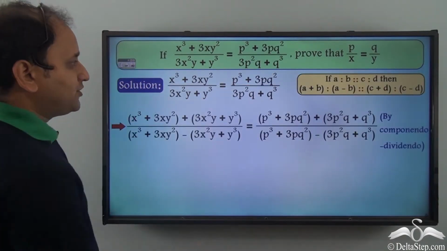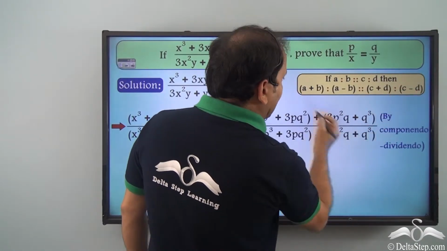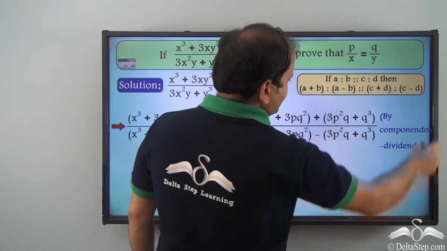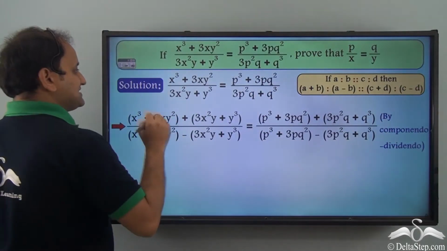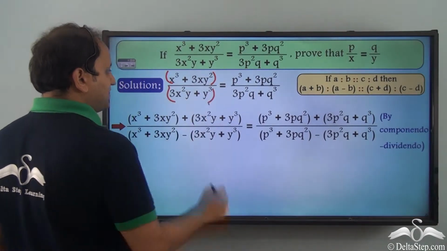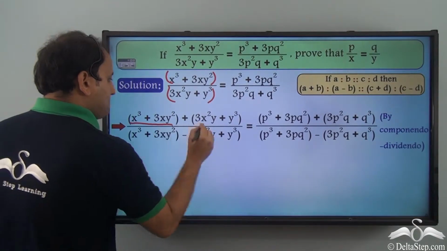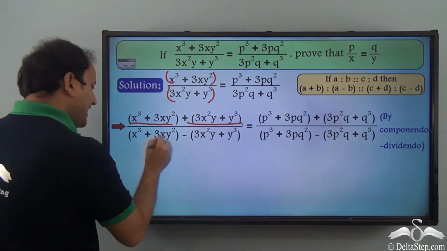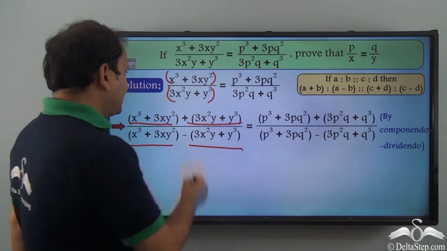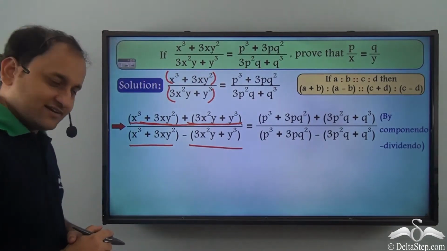Well, componendo dividendo states that if a is to b is proportional to c is to d, then a plus b is to a minus b is proportional to c plus d is to c minus d. Here in this case, this entire expression can be considered a, and this entire expression can be considered b. So we have a plus b by a minus b. So we actually got this entire expression in a single line.